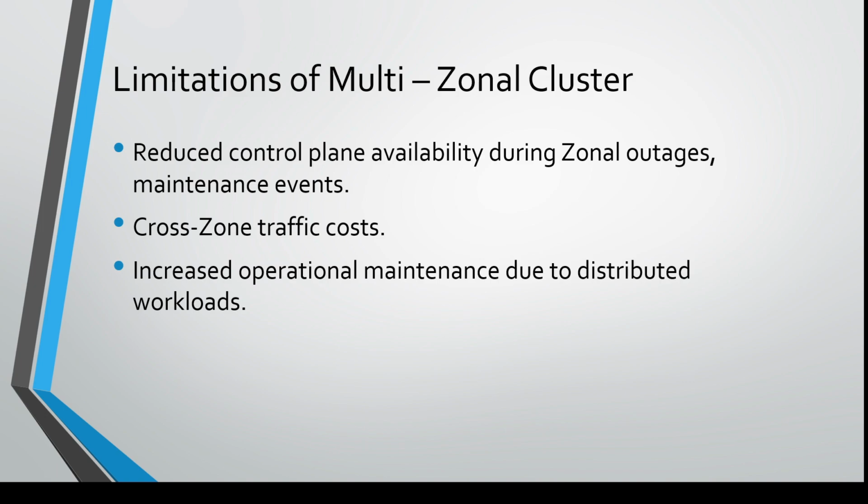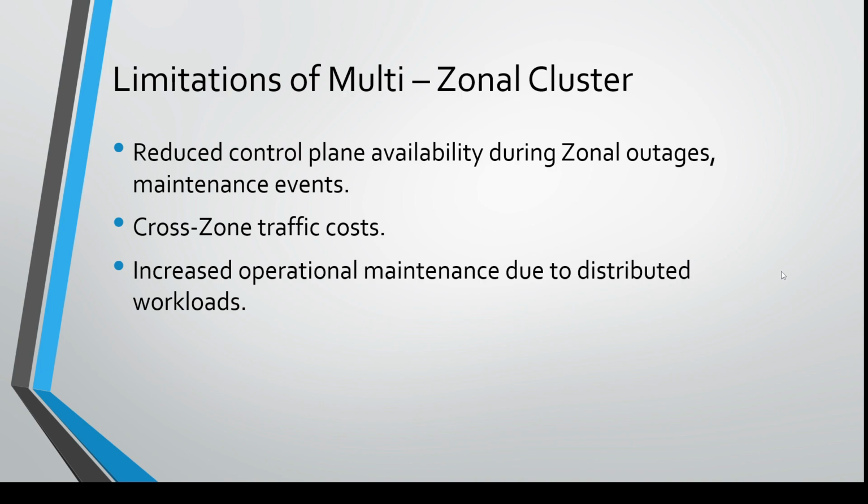So the next thing is increased operational maintenance due to distributed workloads, right? If you are putting your workloads on a single zonal cluster, you don't have to worry about making sure your workload is spread evenly across the availability zones, node pool availability zones, right? To make sure that your workload is always available even though there is a zonal outage, you have to do some additional configurations for your workload so that it gets spread across these availability zones.